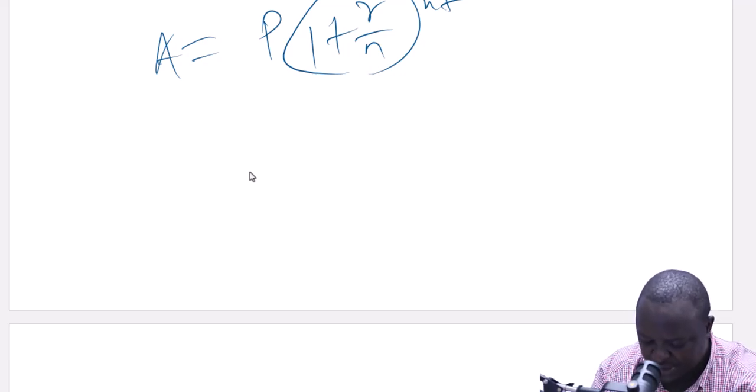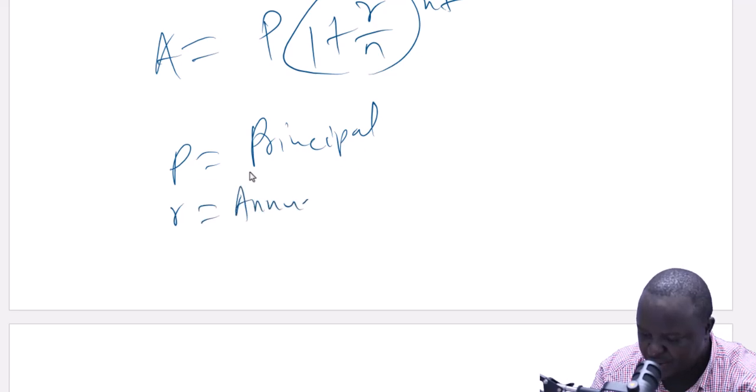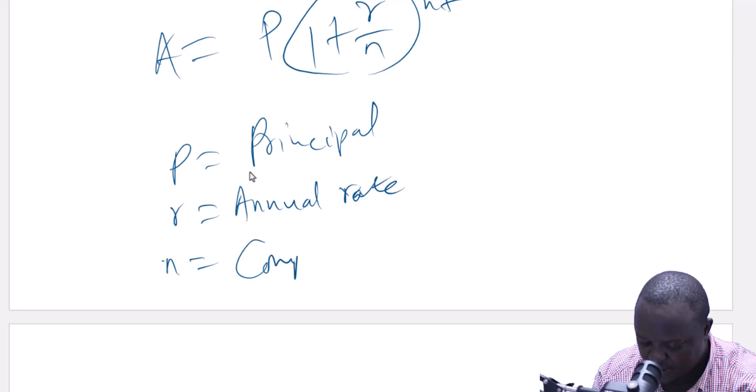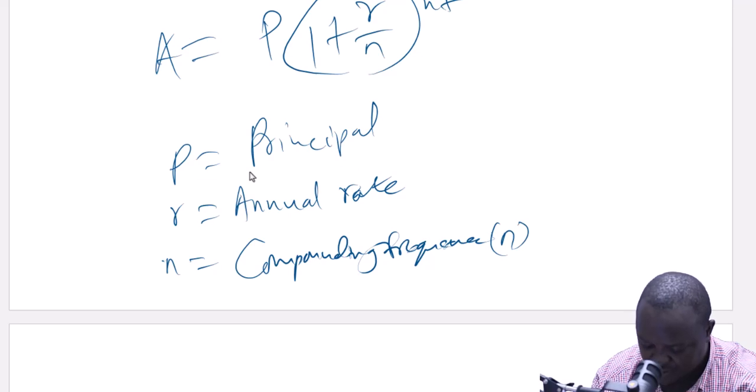Now what that means is that P represents the principal, r represents the annual rate, n represents the compounding frequency, and of course t represents the time.